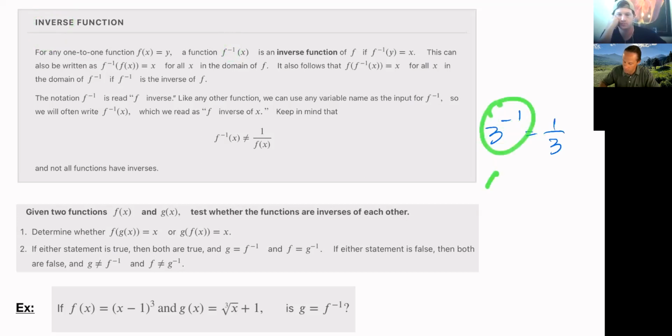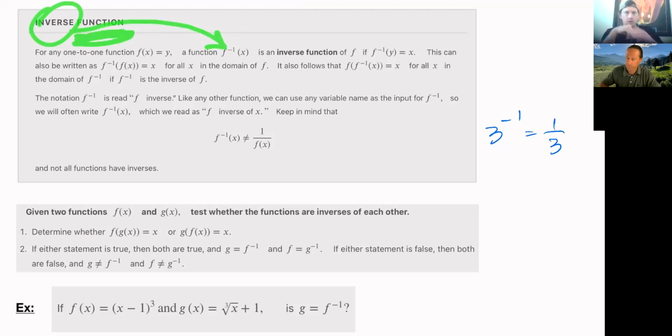One is used on a variable or a number, and the other is being done to a what? Function. Notice they put it after the f and not after the x. And that's because of this and us already knowing what negative exponents do. The reciprocal already.